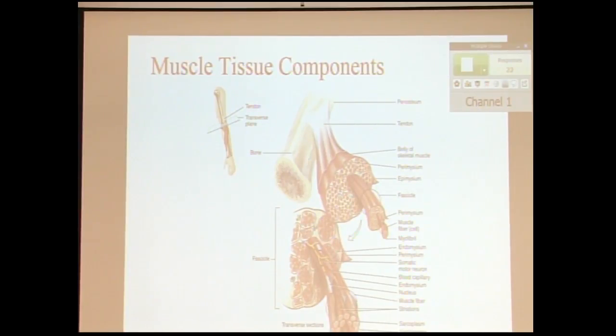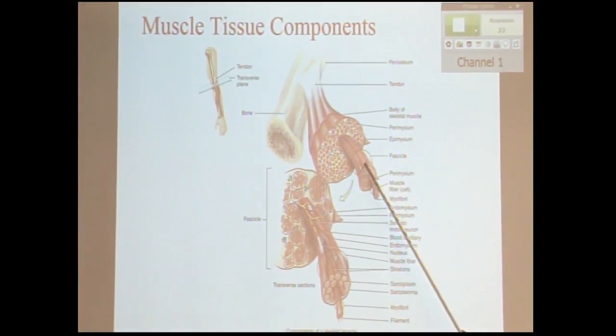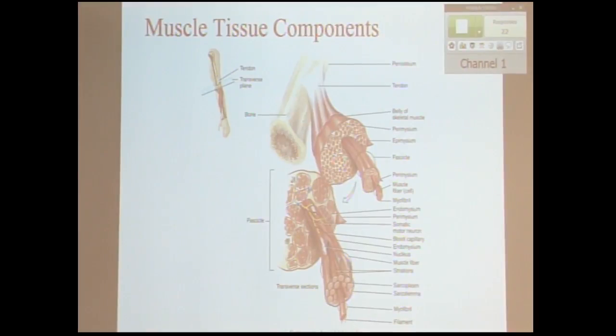Let me turn off one of these lights. All right, so just to give you an idea of what it looks like as you zoom in. There's your muscle, and it's composed of a bunch of sort of cylindrical tubes full of all the muscle proteins. Those are your fascicles.